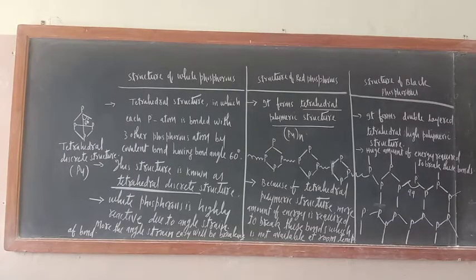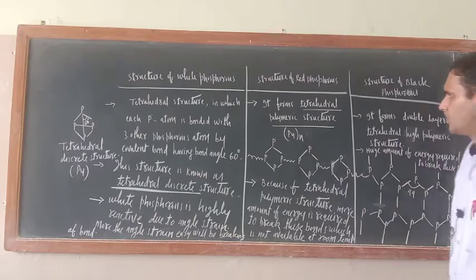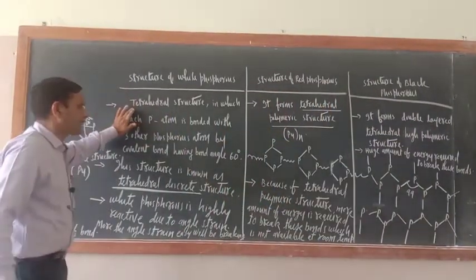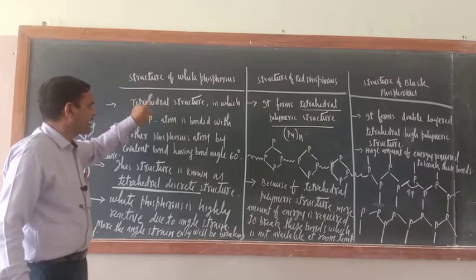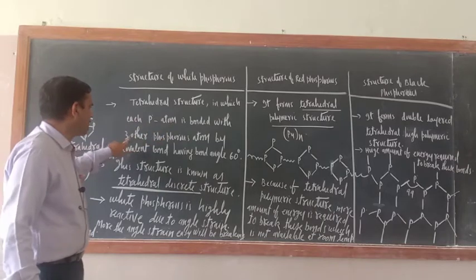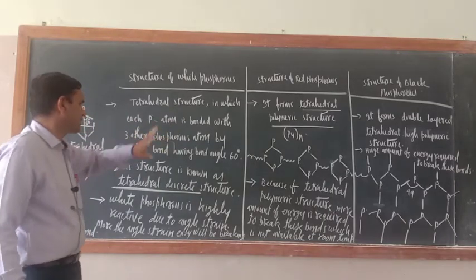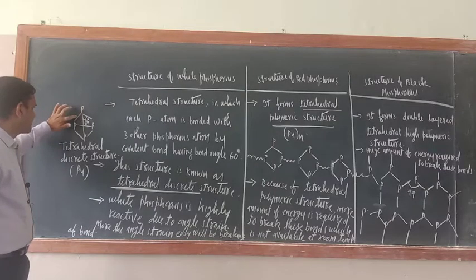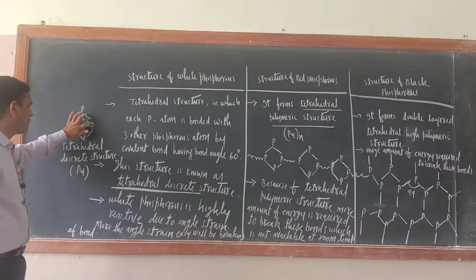So just see, dear cadets, the structure of white phosphorus. White phosphorus forms a tetrahedral structure in which each phosphorus atom is bonded with 3 other phosphorus atoms. Just see, this is a tetrahedral structure. This phosphorus is bonded with 1, 2, 3 phosphorus atoms.